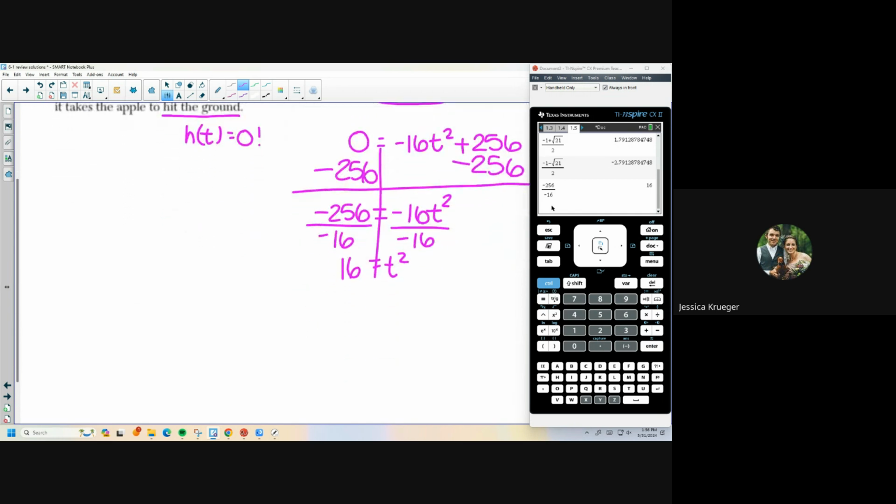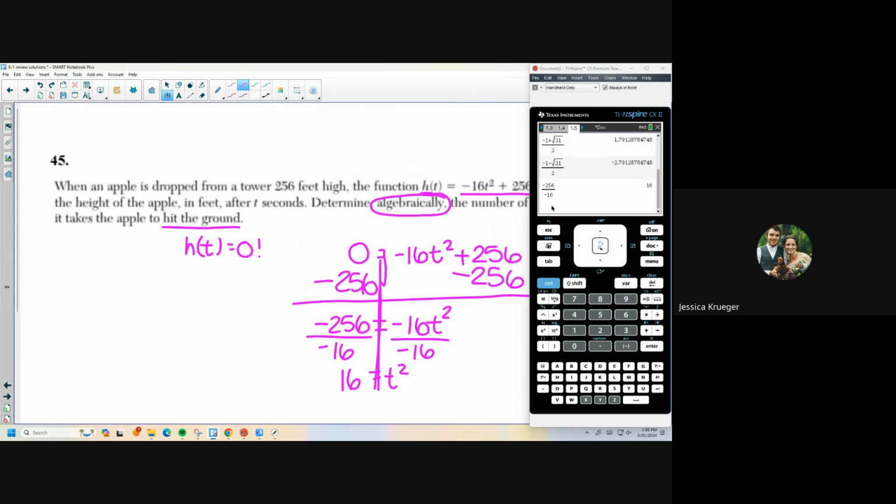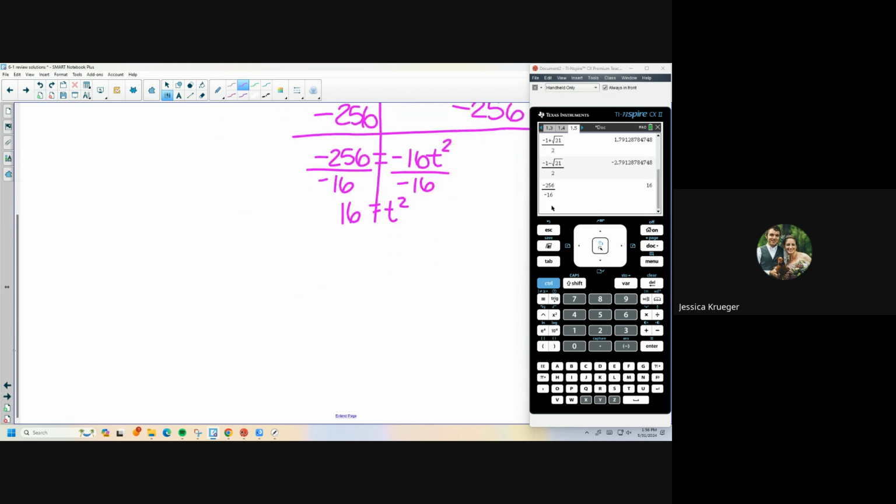Then I can square root both sides. And I get t equals plus or minus 4. Well, if I'm dealing with a situation where I'm dropping an apple, then I'm not going to deal with negative time. t is going to be 4 seconds.